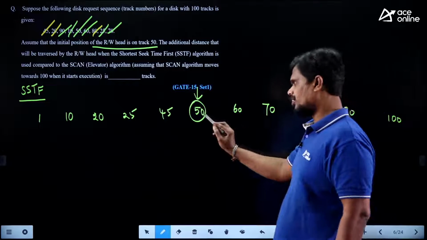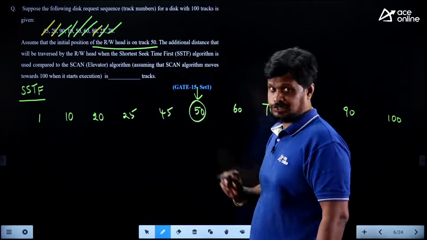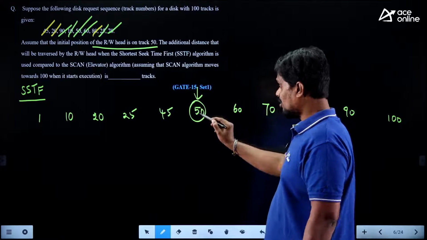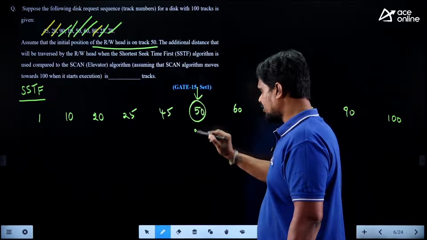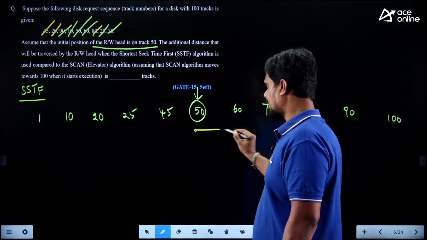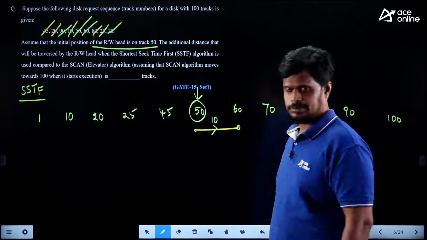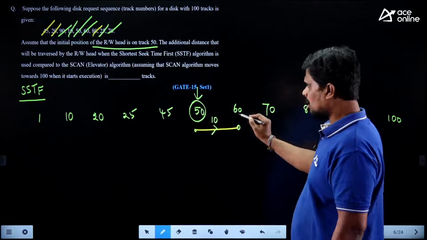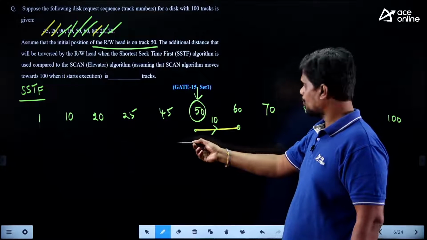Let's see. What is the distance between 50 and 45? 15. But what is the distance between 50 and 60? 10. So it means that from 50, the head goes to 60. So what is the travel distance here? 10. Then from 60, 45 is at a distance of 15.